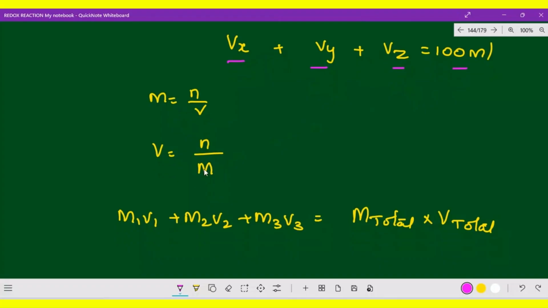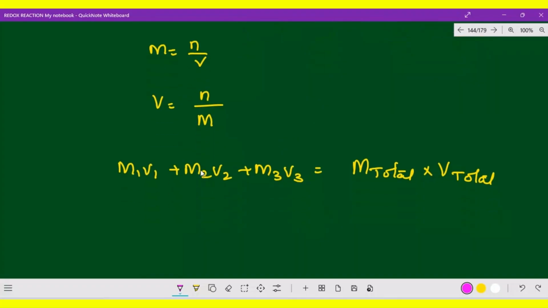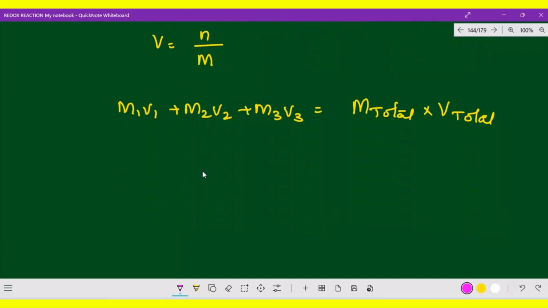Now we have to identify the millimoles. So how to find the millimoles? Total millimoles equal to volume into molarity. Volume is 100 ml into molarity 0.1, mixed together.